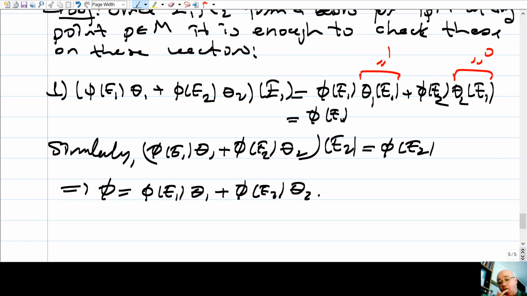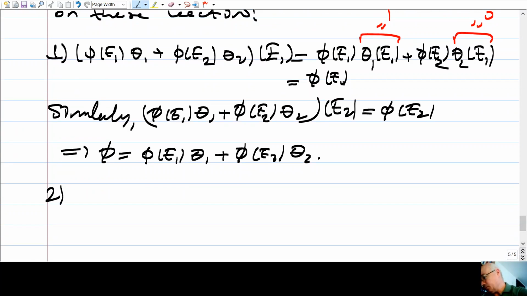For this second statement, nu of E1, E2 theta 1 wedge theta 2 on these two vectors. What is this?